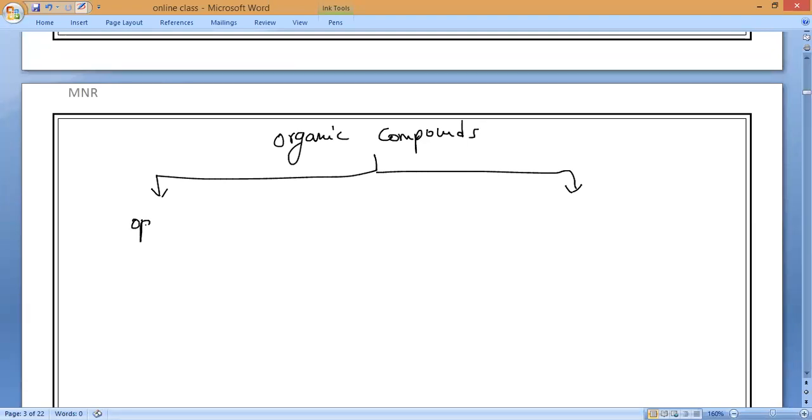The second one is open chain. All of you remember, open chain, or we call it acyclic organic compounds. And this one is closed chain, which we say is cyclic organic compounds.